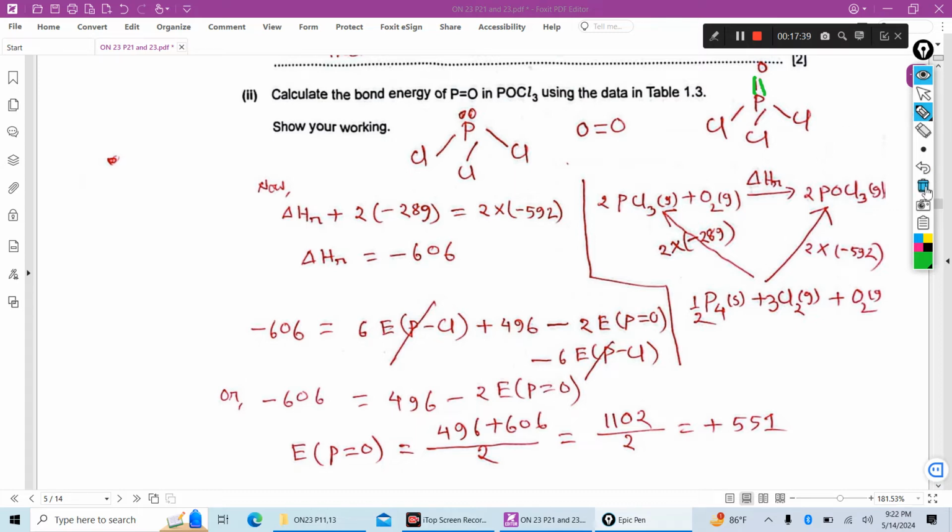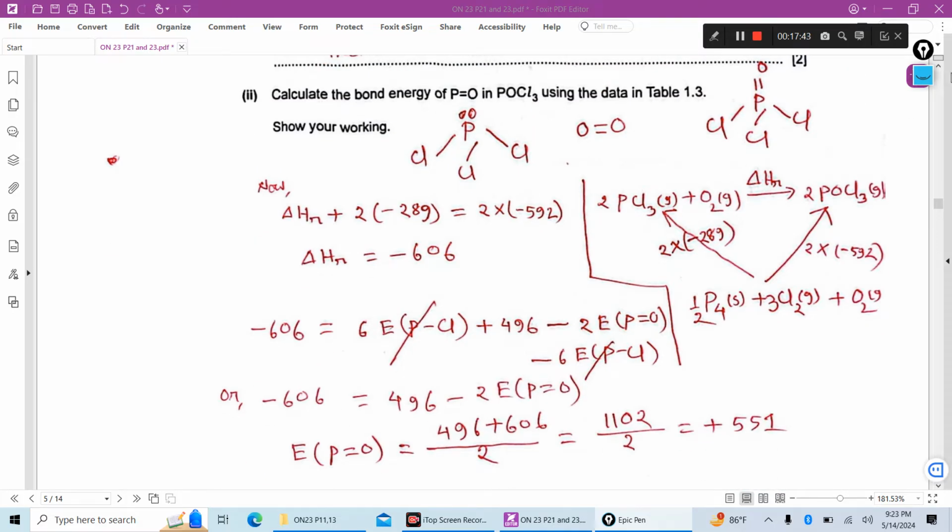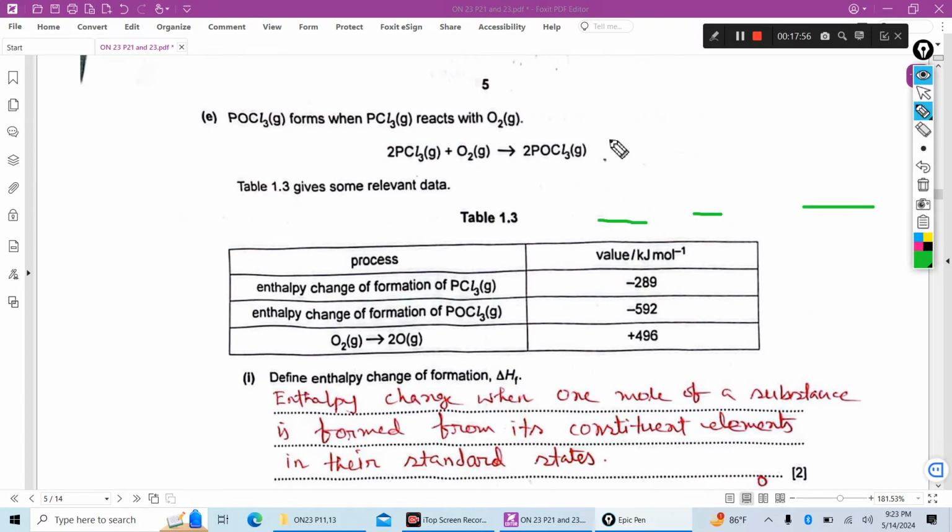Now if you draw Hess's cycle, you see phosphorus trichloride reacts with oxygen to form phosphorus trichloride oxide. This is given here. This reaction I write here.